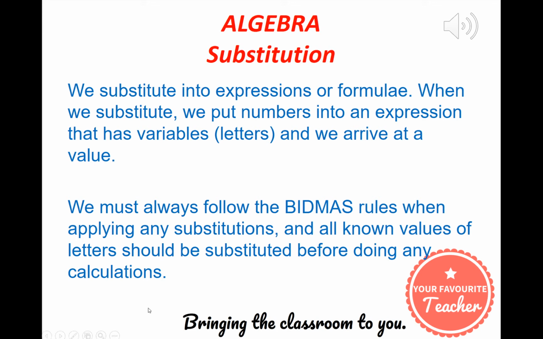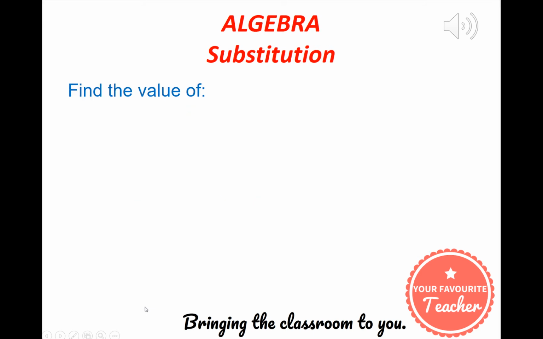So let's take a look at some examples. If we want to find the value of 7x plus 2y when y is equal to 2 and x is equal to 3, what we need to realize is that that is saying 7 x's means 7 3's and 2 y's means 2 2's.